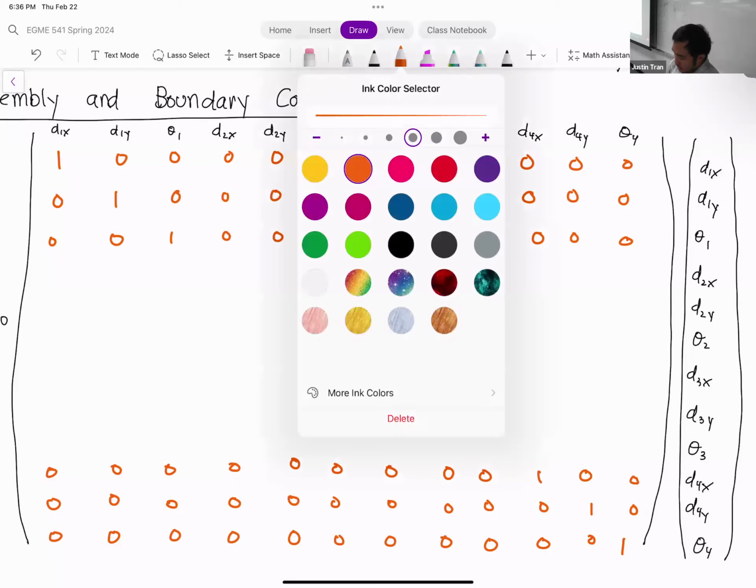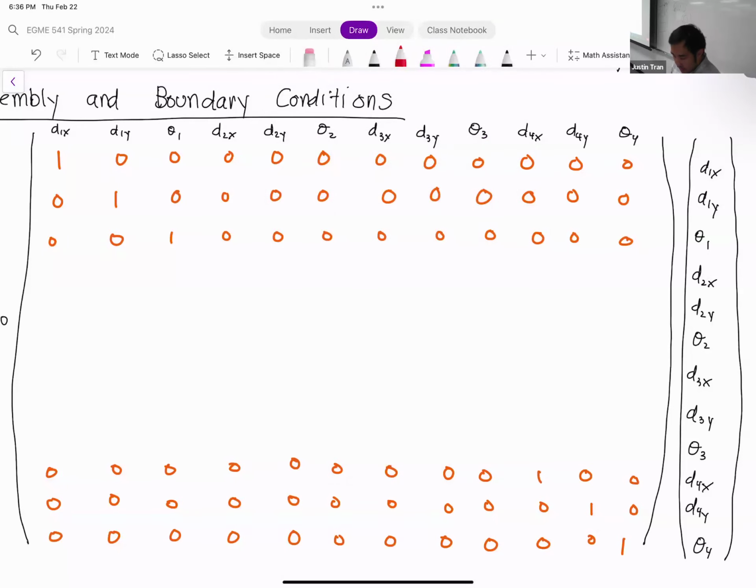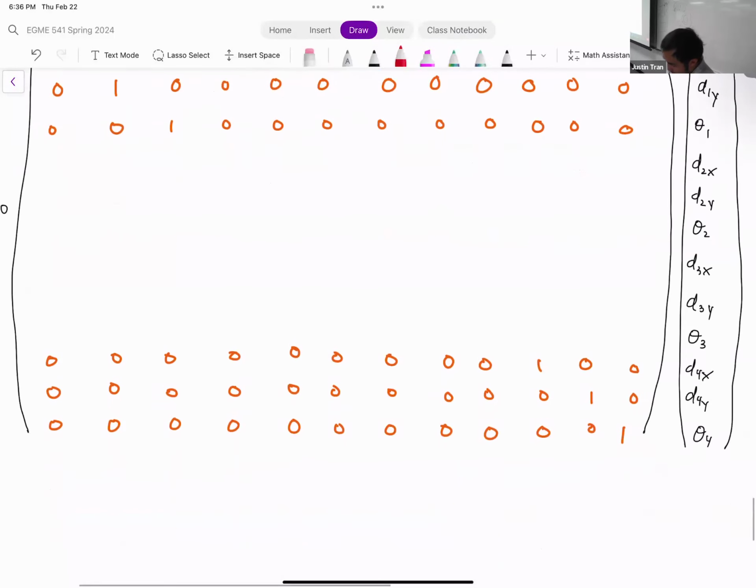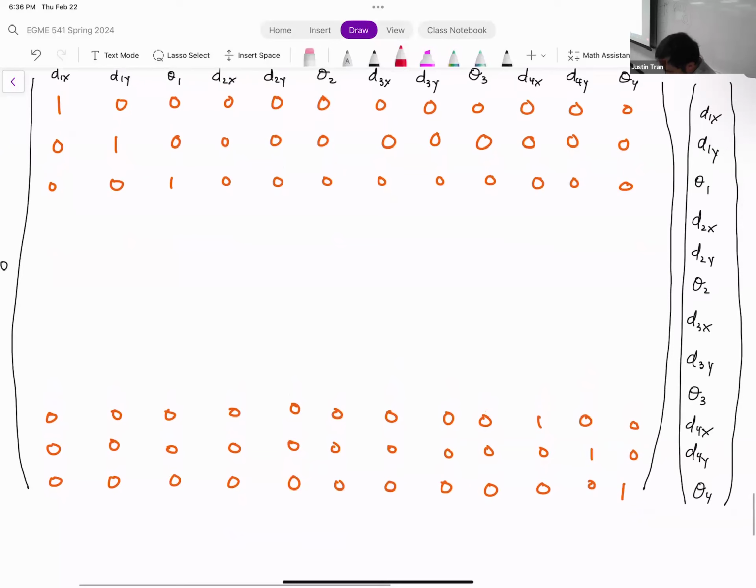Okay, so now let's go ahead and insert our other element stiffness matrices. Okay. So let's start with element A. So I'm going to use my coloring scheme here. We know element A is connected to nodes 1 and 2. So let's go ahead and highlight that area of the matrix here.